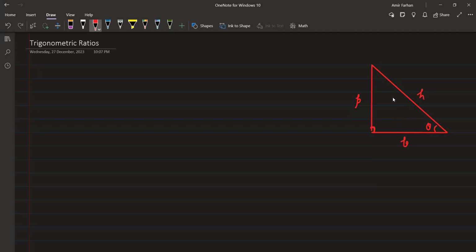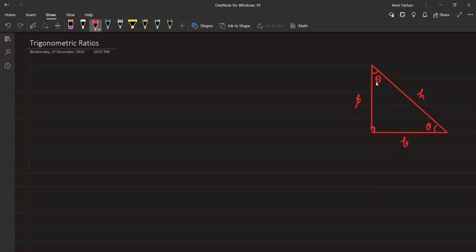Clear? But if you change the theta, suppose that this is theta and now I'm taking this angle as theta, then your base will be perpendicular, and your perpendicular will become your base, yes or no? Hypotenuse will remain the same. Yes, sir. So it means that your perpendicular and base are interchangeable with respect to theta.